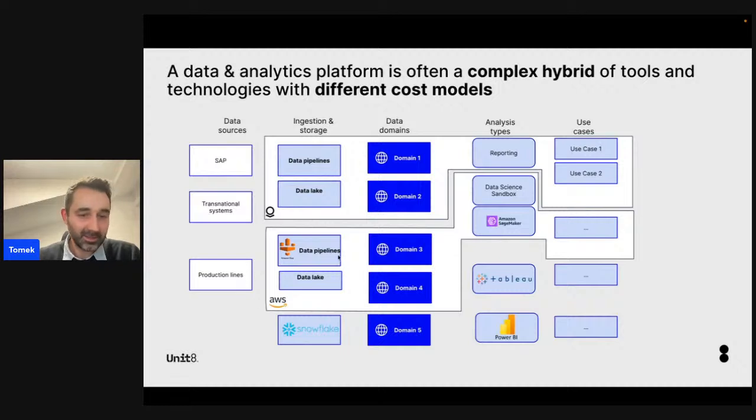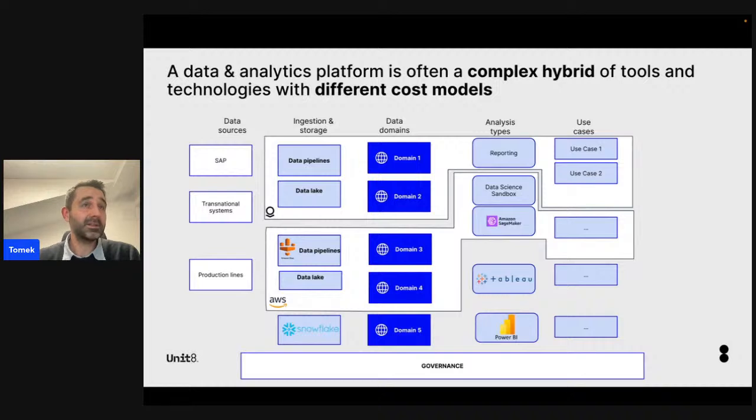The other side on AWS with SageMaker, Glue pipelines, the AWS specific technology, and those platforms work hand in hand and complement each other. But on top of that, maybe you have a Snowflake database and some data in there, and you have Tableau and Power BI connected to it. So it can really get complex.